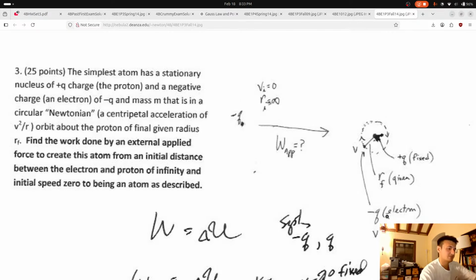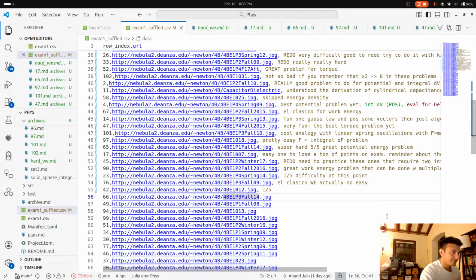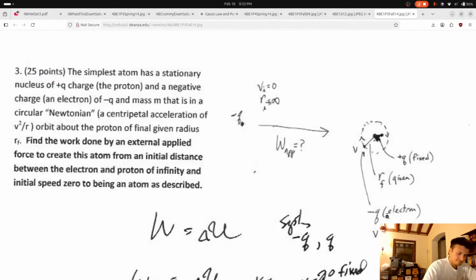This is a crazy one. Right, which one is this one? 66. So you have, so what mass is it? The electron has mass?